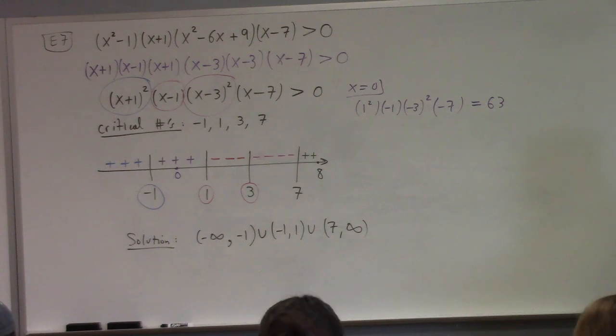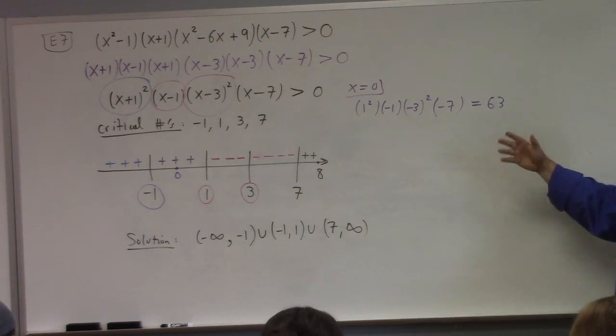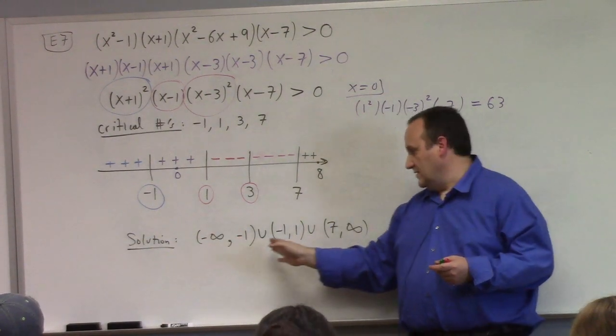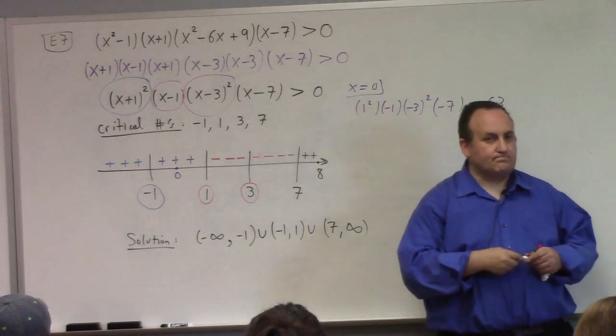If I had included equality, I could have dropped the union over here and just written it as minus infinity to 1, for example.